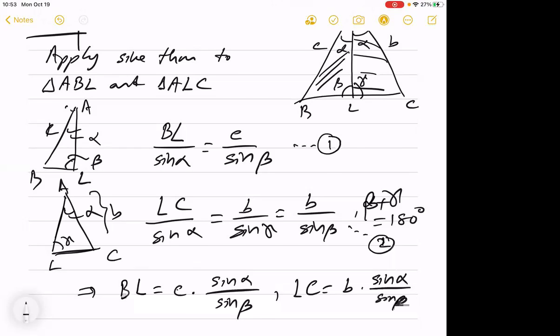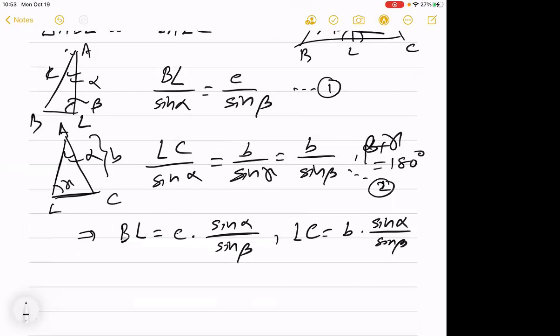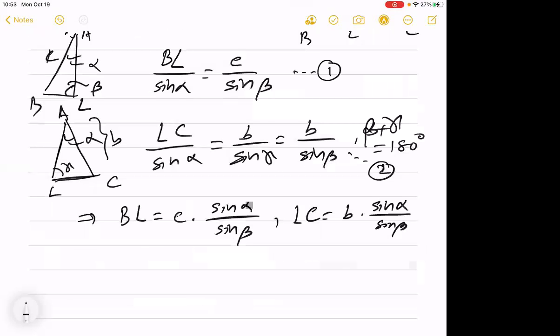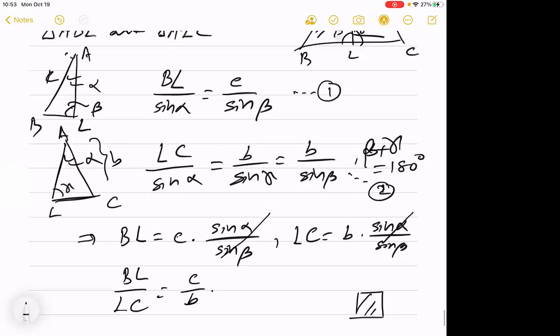So if we divide BL by LC, then they will cancel. We will get c over b. And that's the proof of the statement that we wanted to prove.